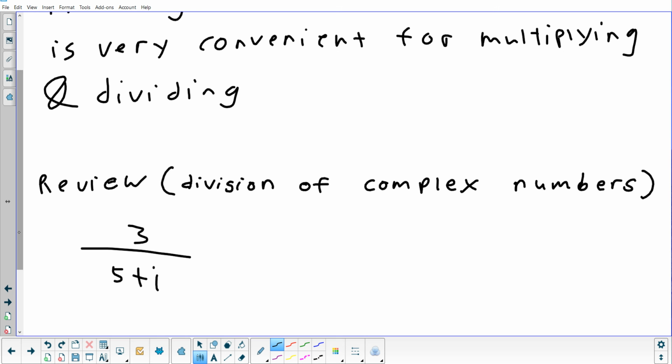So if you wanted to divide these two things, the first thing you had to do is multiply the top and the bottom by something special. Does anybody remember the name of the special thing you have to multiply by here? Begins with a C. Not reciprocal.